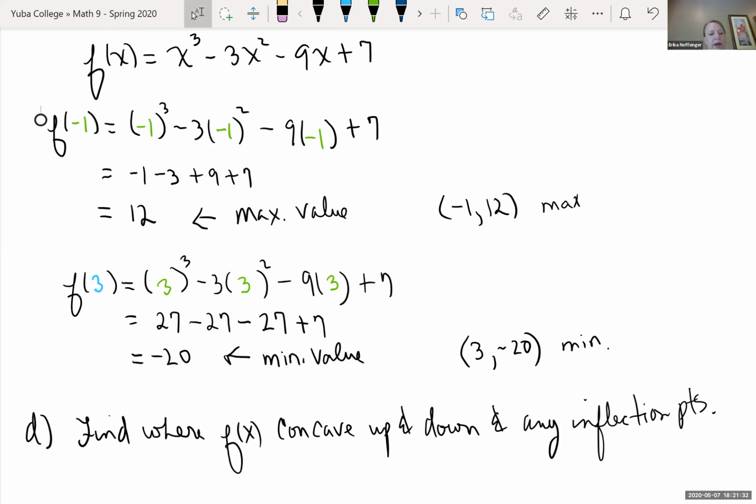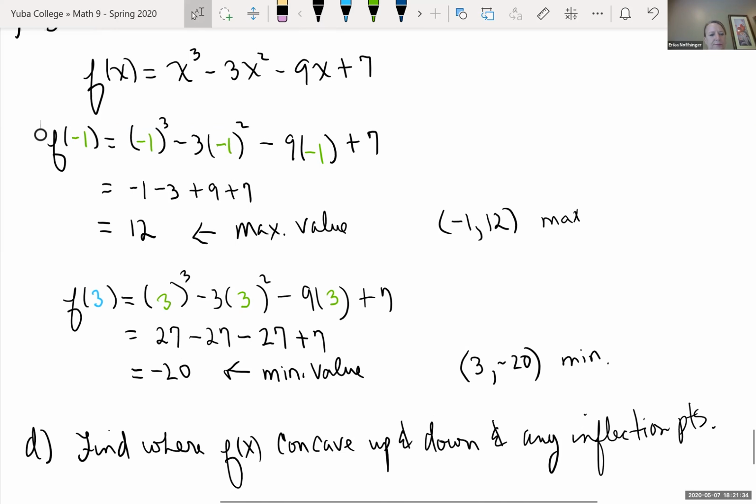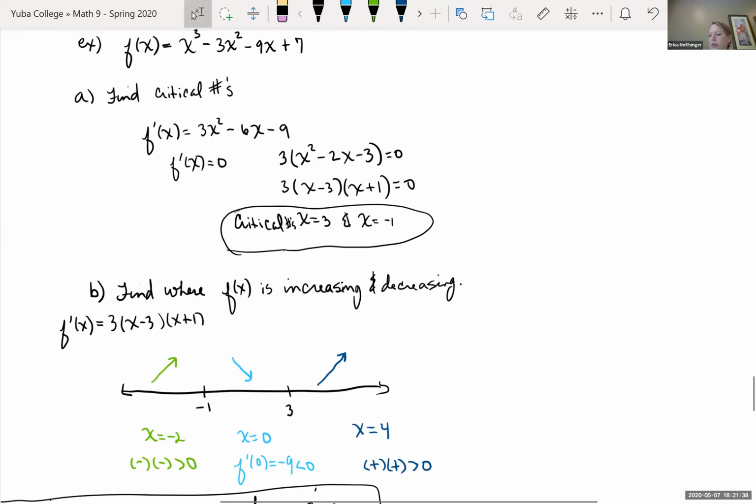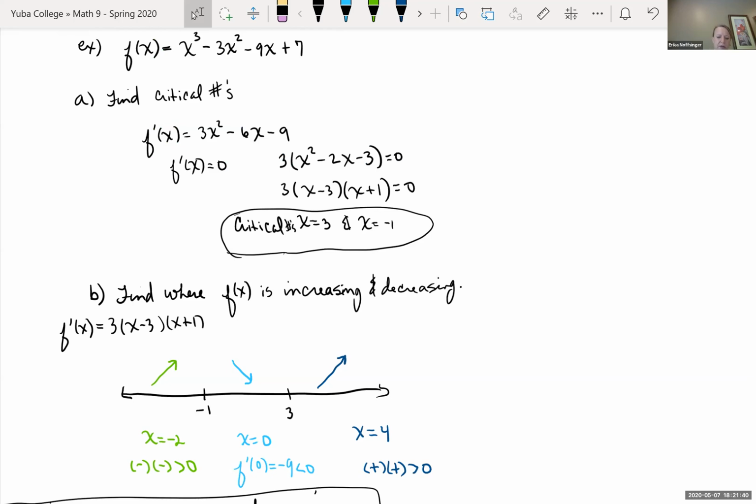So let's grab our first derivative. And I'm going to grab it not in factored form.